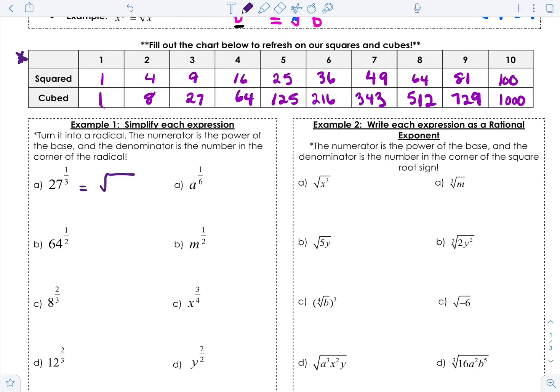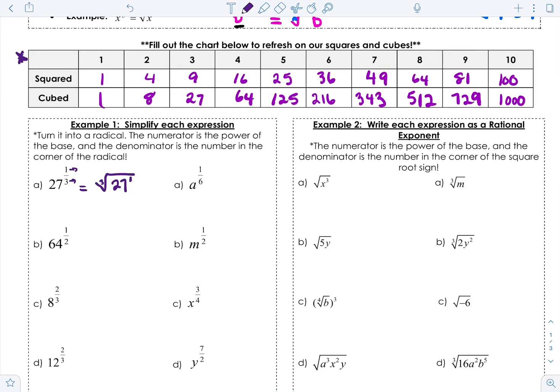That's what it means when it says simplify the expression. What goes underneath our radical is 27. The numerator is our exponent, the denominator is our index, so we have the cube root of 27.